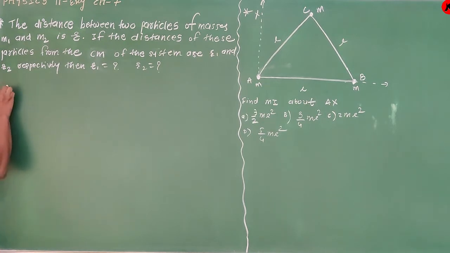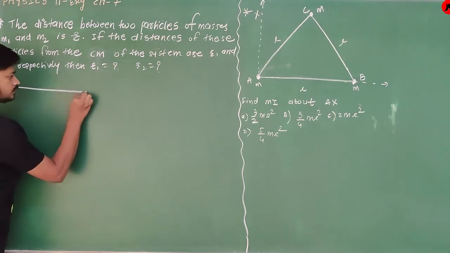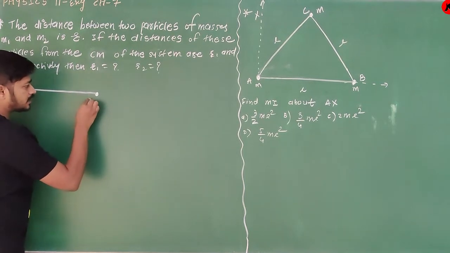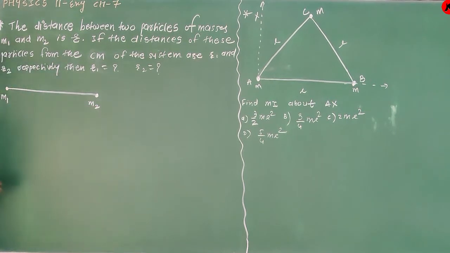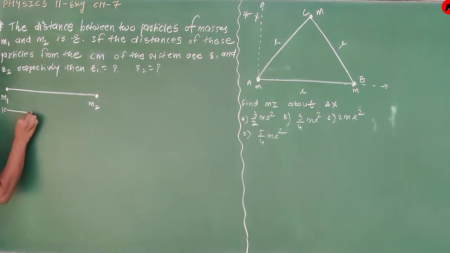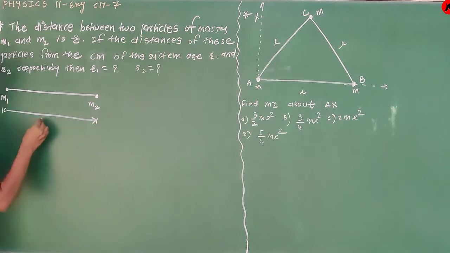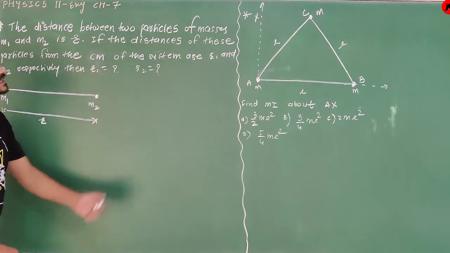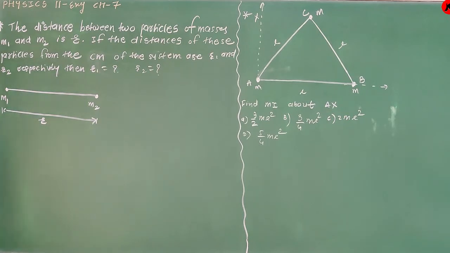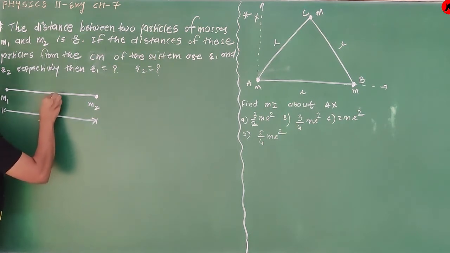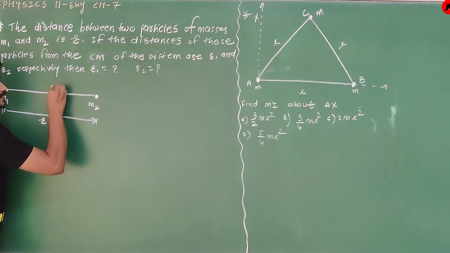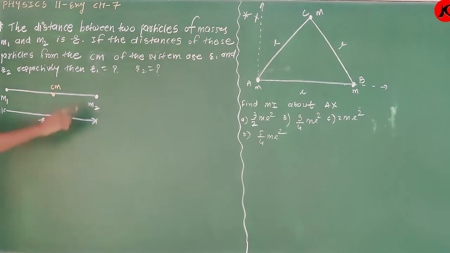Suppose it is the first particle having mass m1, and another particle having mass m2. The distance between them is r. Now, I don't know where the center of mass is, so I am assuming it is here. From this center of mass, the distance of this particle is r1 and the distance of this particle is r2.